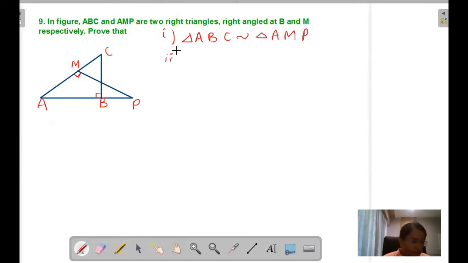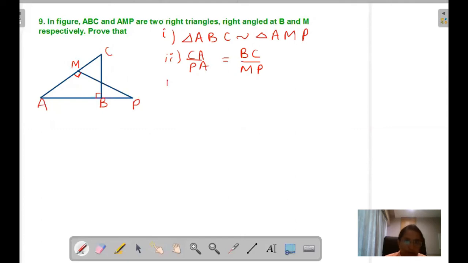Second, CA by PA is equal to BC by MP. Okay, so what is given here? Given: ABC and AMP are right angle triangles, and angle ABC is 90 degrees, angle AMP is 90 degrees.